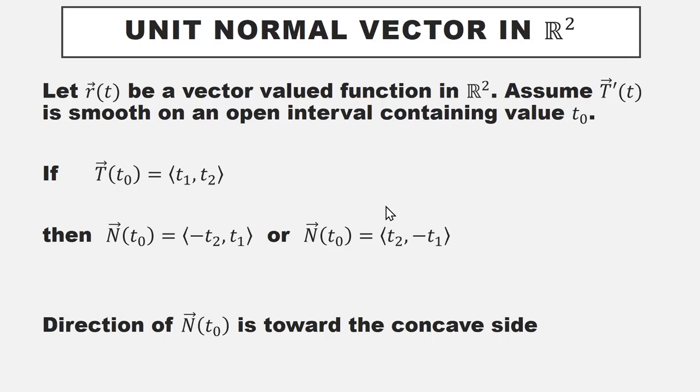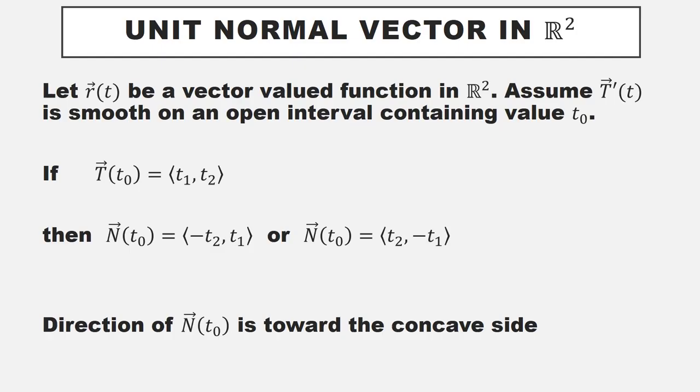Now, sometimes in R3, there's no getting out of doing a lot of that work, okay? We can do some clever tricks. We can see some nice things. But in R3, oftentimes it's hard to get out of doing long processes to find the unit normal vector. However, in R2, there's a really nice trick.